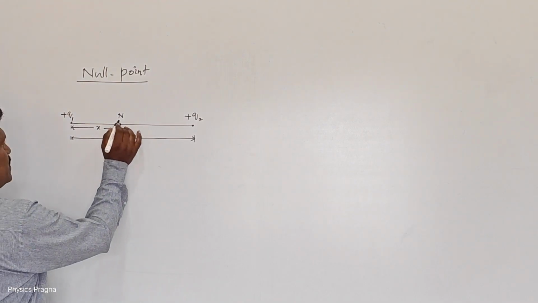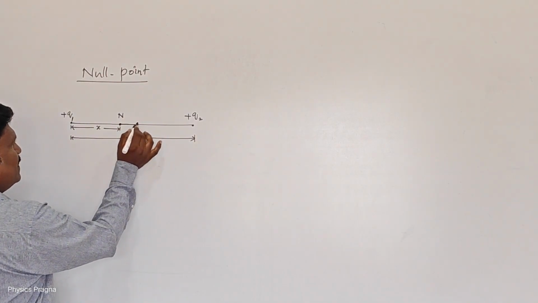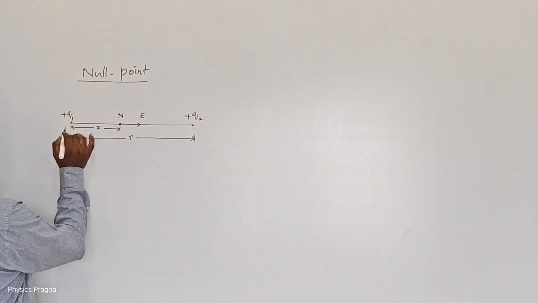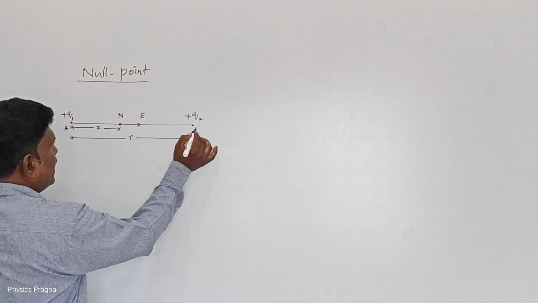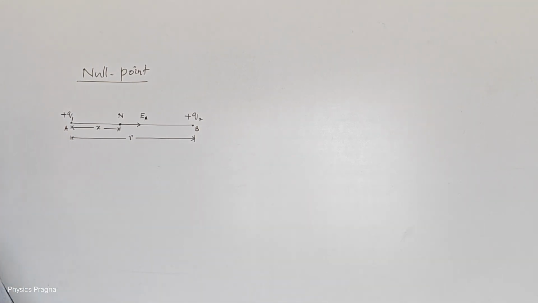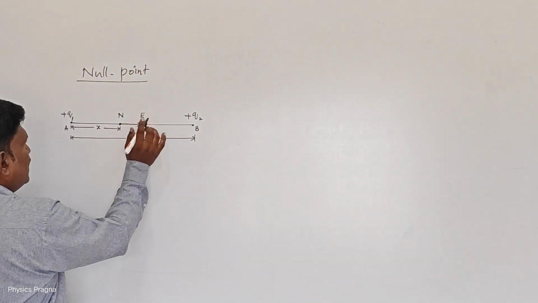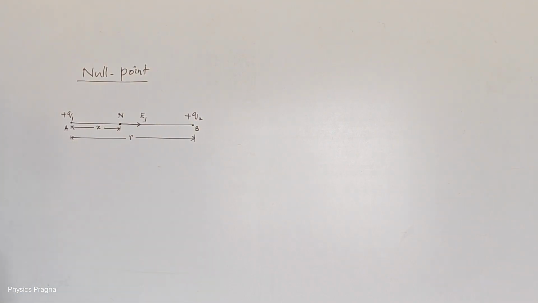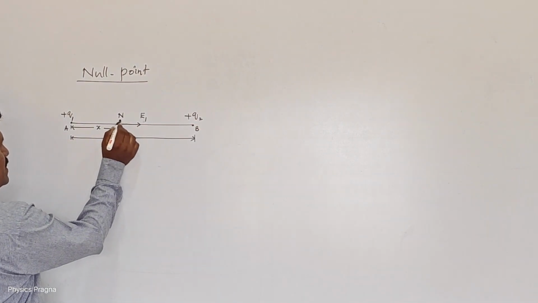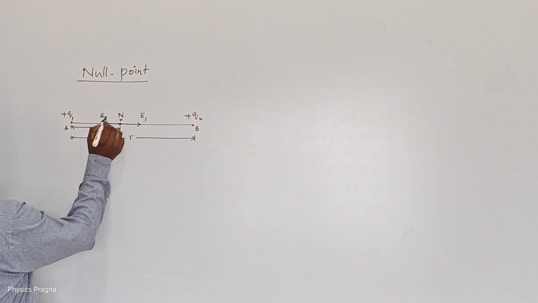This plus will repel in this direction. So this is the electric field. I may give some names to the positions A and B. This is the electric field due to the charge Q1, let us write this is E1. And this Q2 charge is repelling this positive charge in this direction. This is E2.